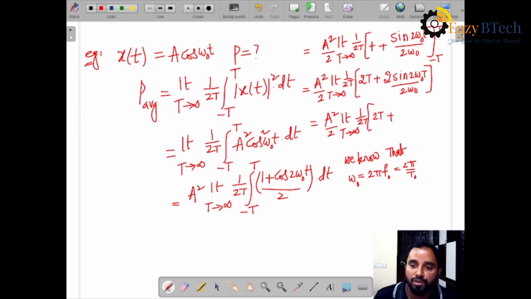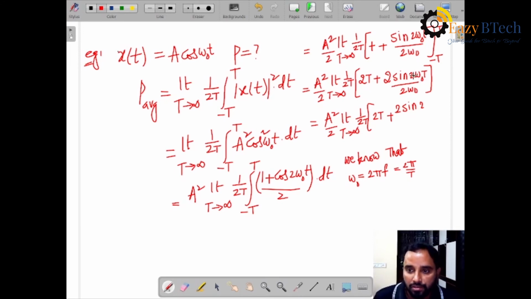So this point we are going to include. Now it will become 2 sine 2 omega naught, and omega naught is 2 pi by T naught. Here we are using T, so 2 pi by T.